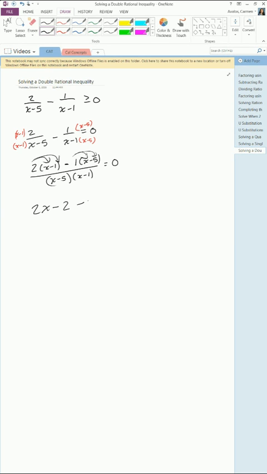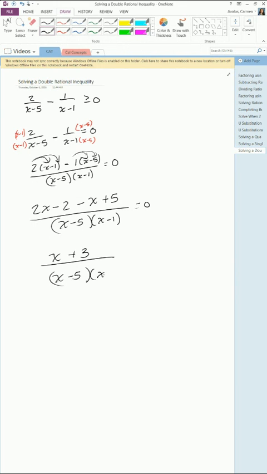And so it's going to be a negative x, or you could put a negative 1x, and then it's going to be positive 5, and that's all over x minus 5, x minus 1 equals 0. Then we're going to get x plus 3 in the numerator, and so we get x plus 3 over x minus 5, x minus 1 equals 0. So that was all from chapter 0.